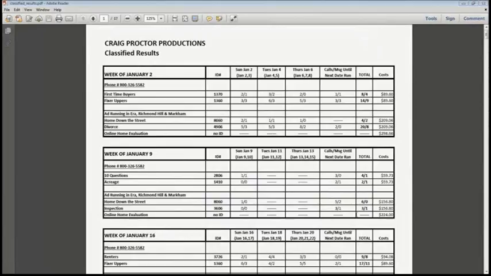And the reason why these prospects are the very best prospects is because they're actually shopping for a home. If you read my materials for this call, I talk about the fact that buying or selling real estate is a process, not an event.